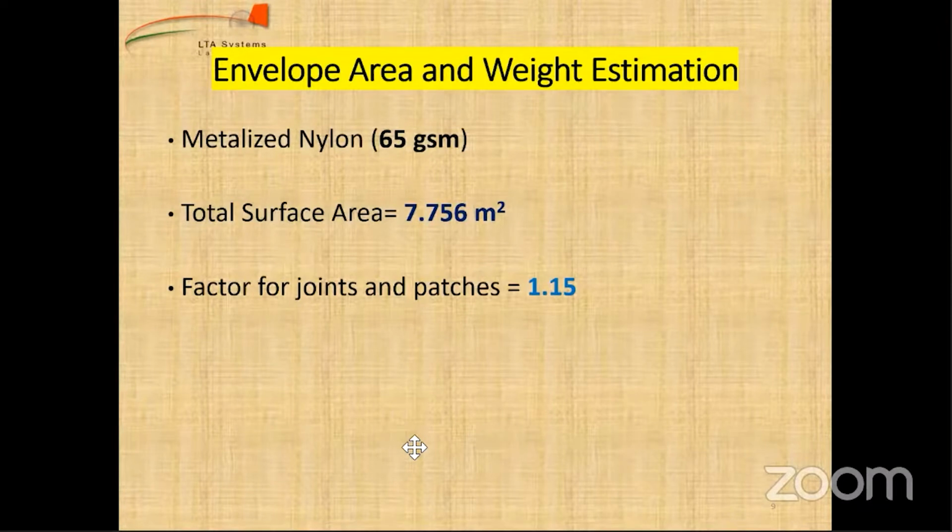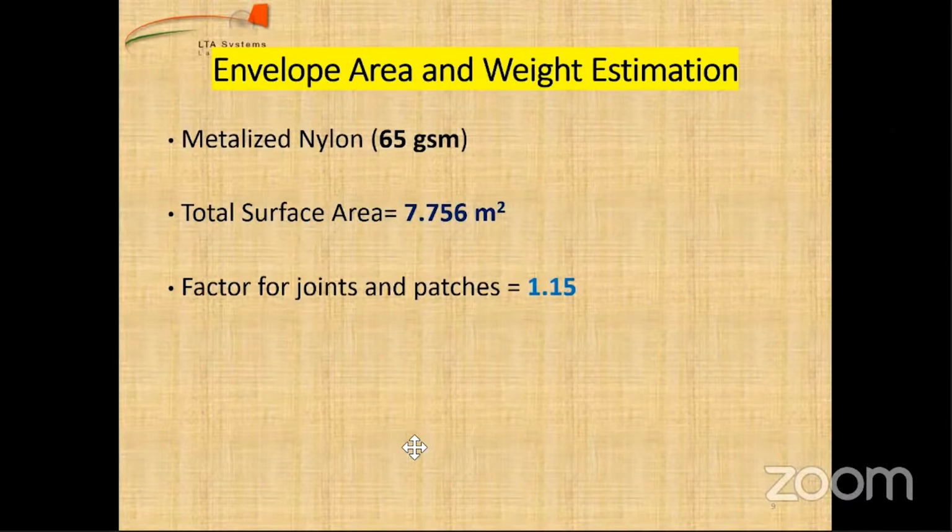We'll also put some patches on the envelope to connect it with a tether or a gondola, or to hold or handle the envelope. For these patches and joints, we consider 15% as the factor of weight. 15% of weight is considered as additional weight of the envelope material.